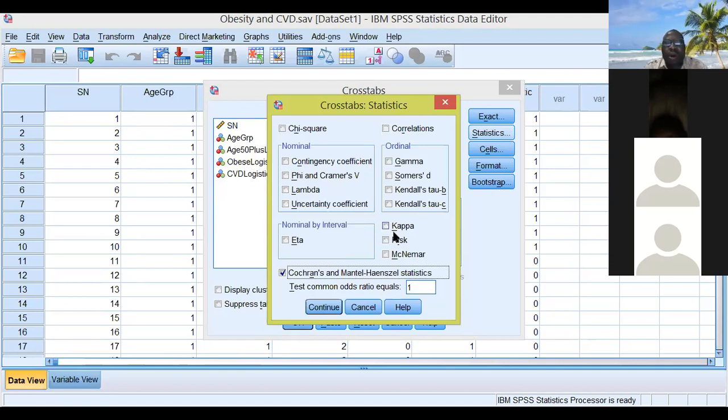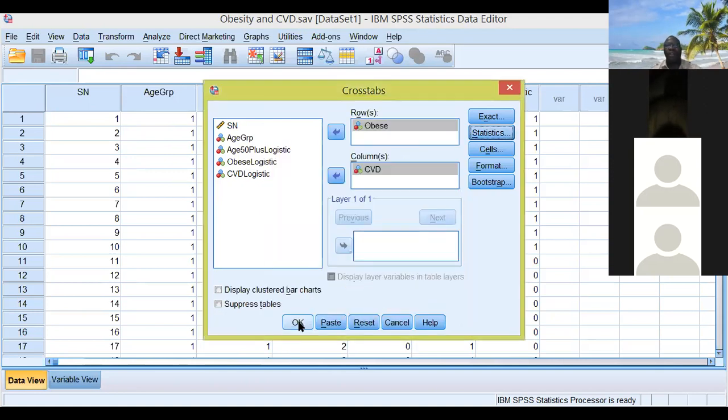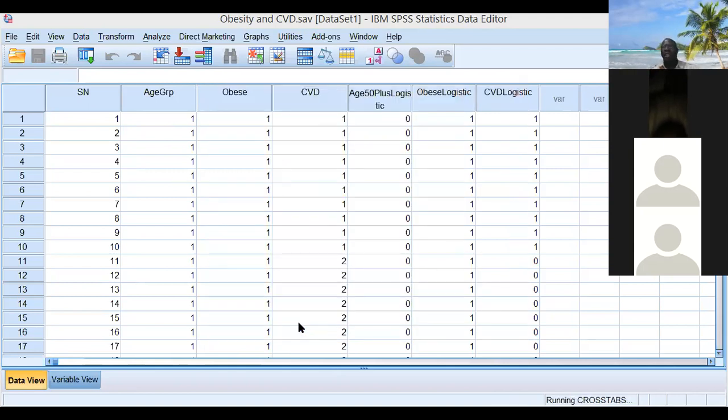Click on the risk. Remove that Cochran-Mantel-Haenszel, because we just want to do crude now. We just want to know the crude. Click continue. Okay, I have to stop sharing. Share the result.